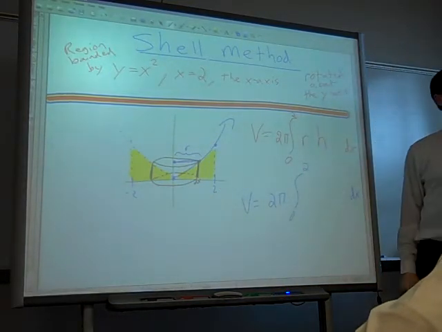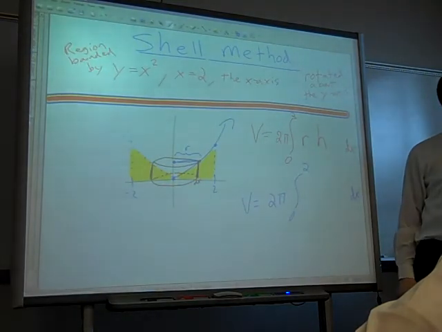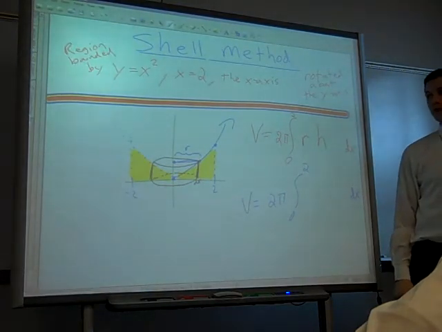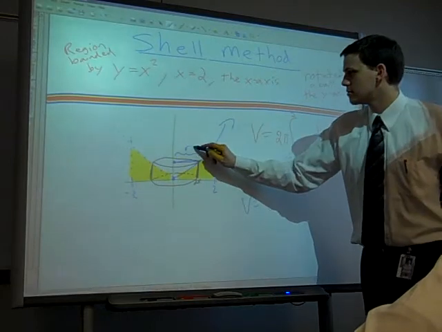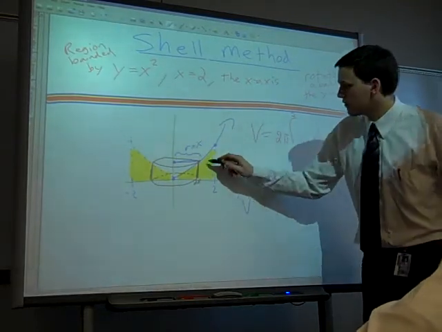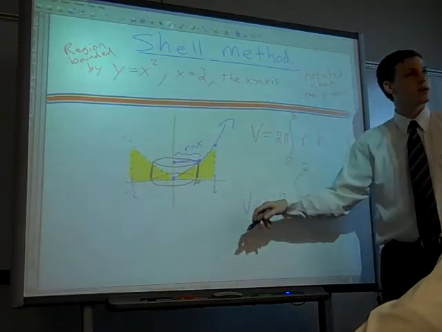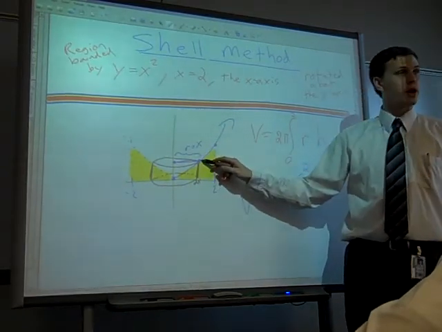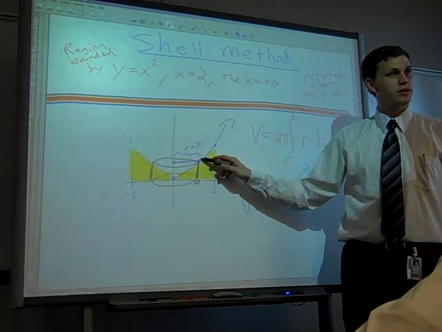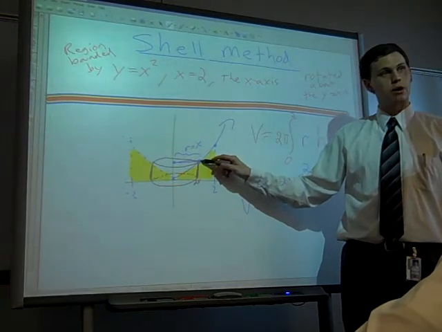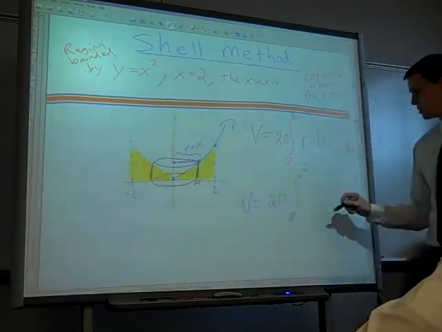How can I express the radius in terms of x? Right. I just use x. So given this, if we're at this point, that point has an x coordinate and a y coordinate. The y coordinate would be x squared, right? y equals x squared. So this is like (x, x squared), but we just need the x coordinate. That's just x. So it's just going to be x.